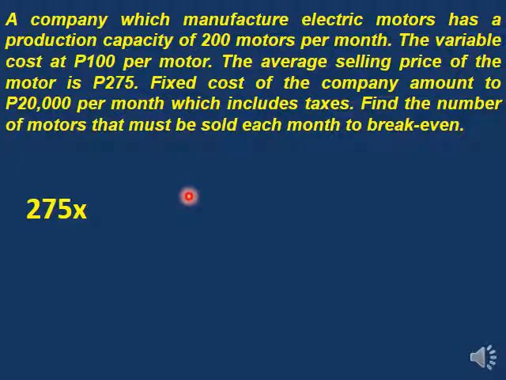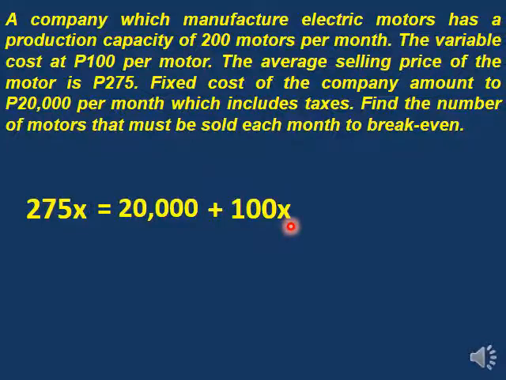Okay, this is our revenue. The price of the motor is 275. We sell X number of motors. And this is also our expenses. The fixed cost, which is 20,000 pesos, plus the cost to produce each motor, which is 100. Since we are selling X motors, then the total variable cost is 100X.